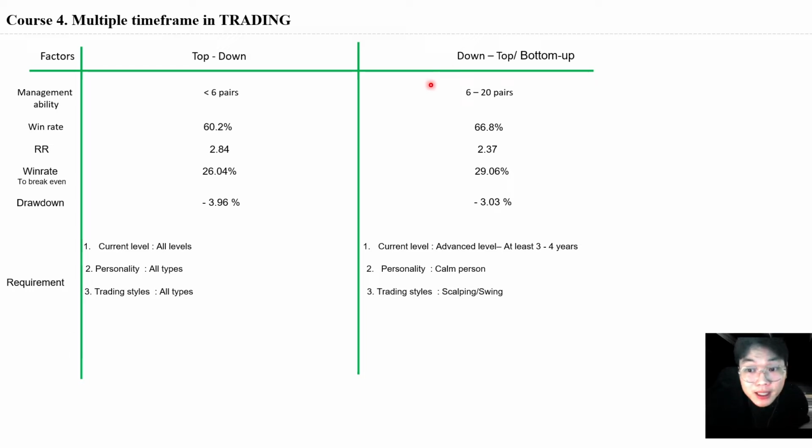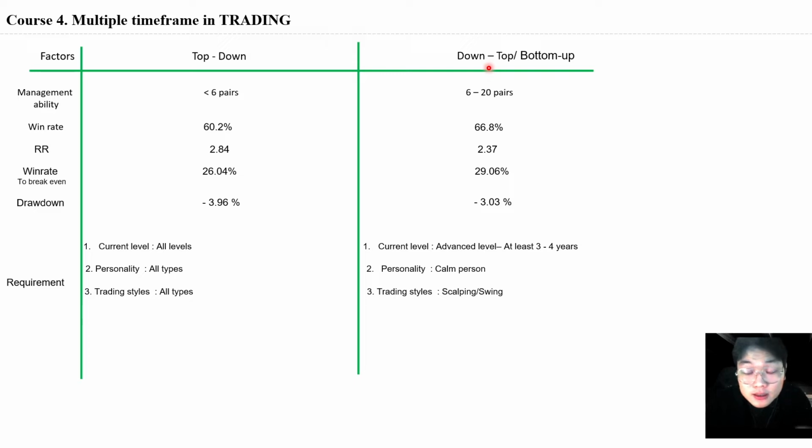Why is it like this? In top-down analysis, you need to analyze from the 4-hour and 1-hour down to the 15-minute time frame. You need to do it on all three time frames every time you open any chart. But in bottom-up analysis, you only scan the 15-minute time frame to find out whether this currency pair has your entry signals or not.